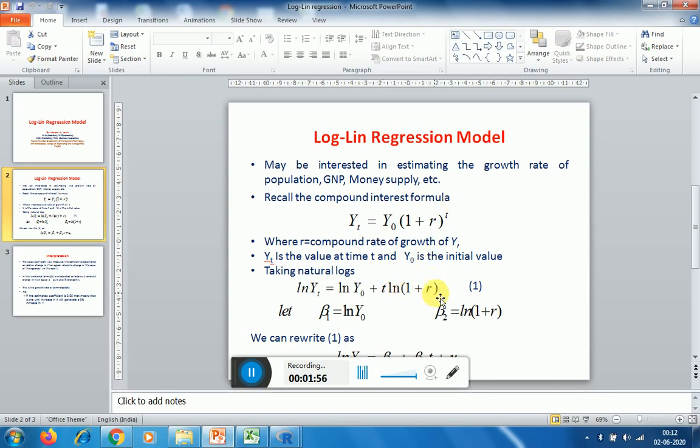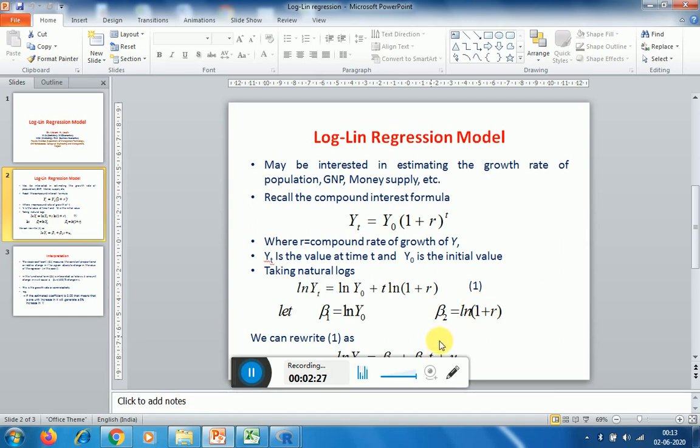Here r is the rate of interest, which is a constant value. That is why if we take log of 1 plus r as beta 2 and log of y0 as beta 1, then this equation can be written as log of yt is equal to beta 1 plus beta 2 into t.